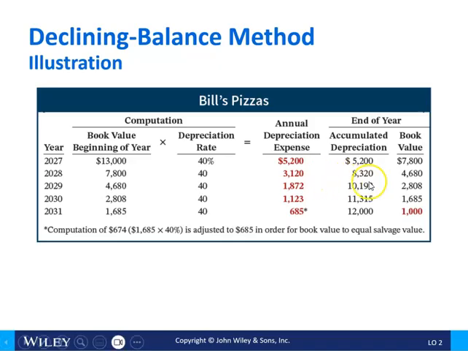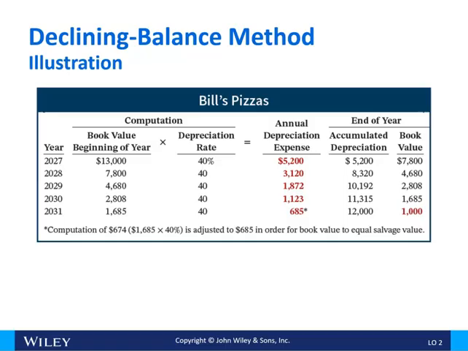Now our accumulated depreciation is the 5,200 from year one plus the 3,120 from year two, 8,320, and our book value is 4,680. We use that book value for year three, 2029, times the same rate to get the depreciation expense for that year, which increases accumulated depreciation and decreases the book value.